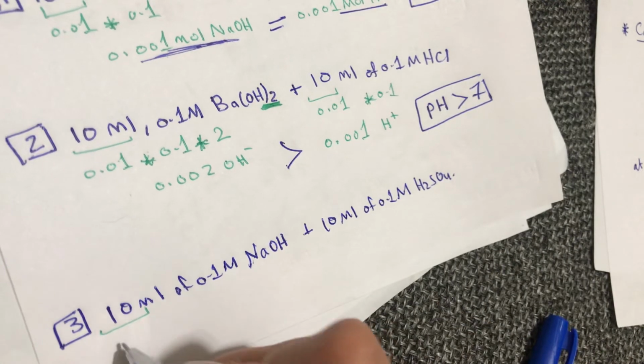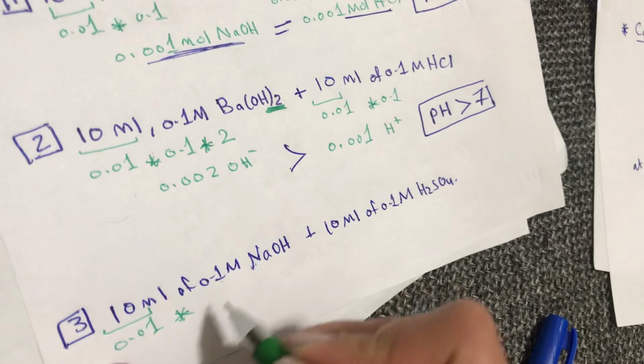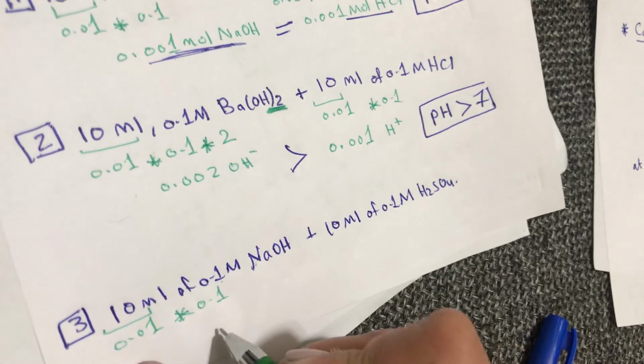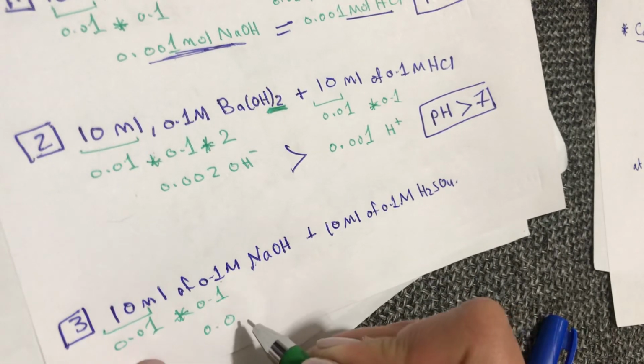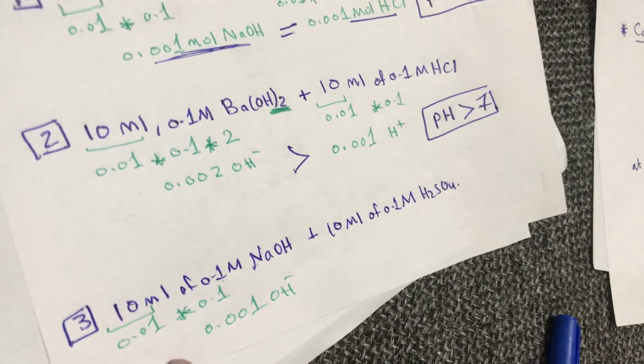So 10 ml equals 0.01 liter times concentration 0.1, which equals 0.001 mole of hydroxide ions.